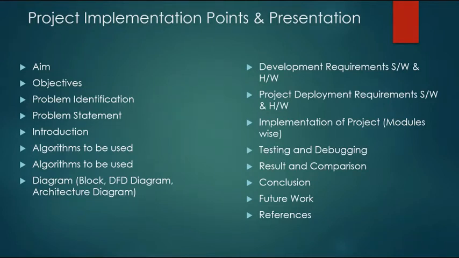The fifth one is common for every project: result and validation of the project. Whether you are able to execute the project and get the result as per your assumption and proposed work or not.